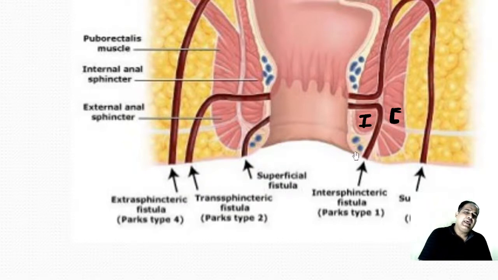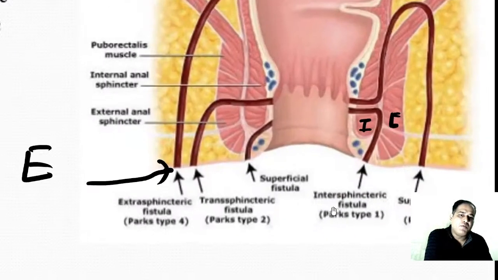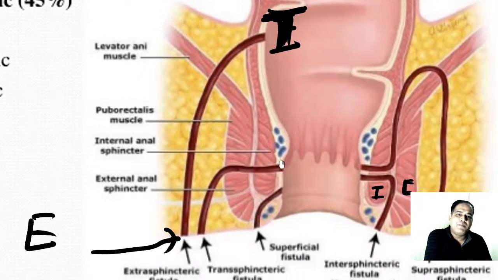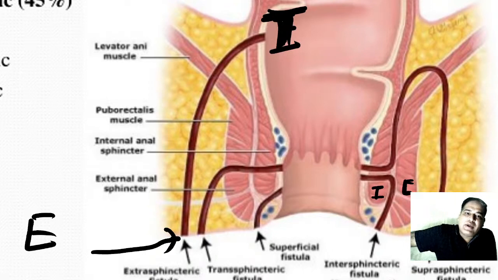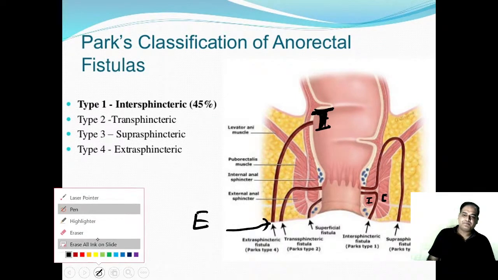Now one thing, this is the internal opening inside, this is the external opening. So internal opening and external opening of the fistulous tract you can see on your screen.